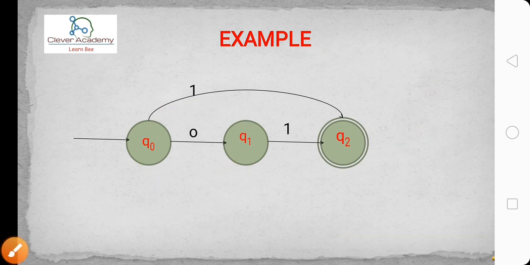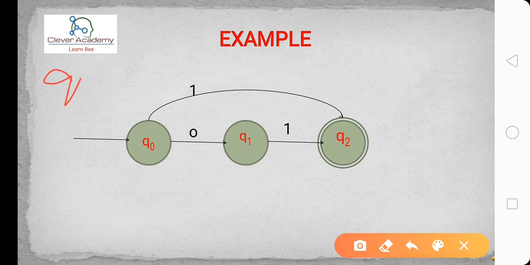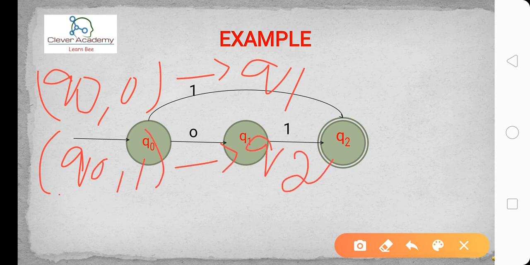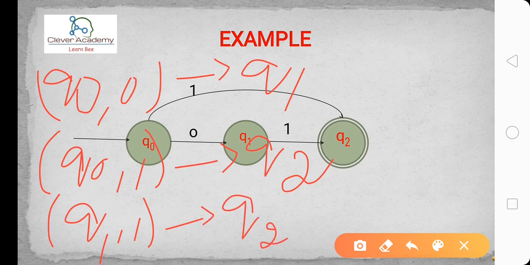And as well as you can write, you are having Q0 comma 0, that we are moving to Q1. In the same way, Q0 on 1 we are going to Q2. And next, Q1 comma 1 we are moving to Q2. So this will be called the transitions.